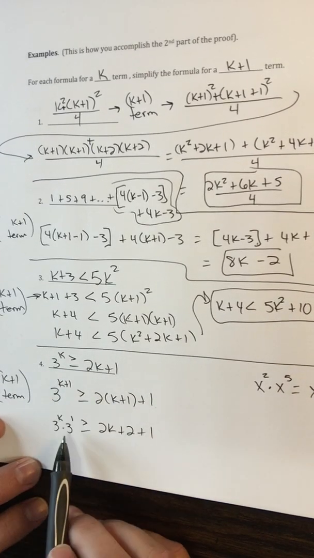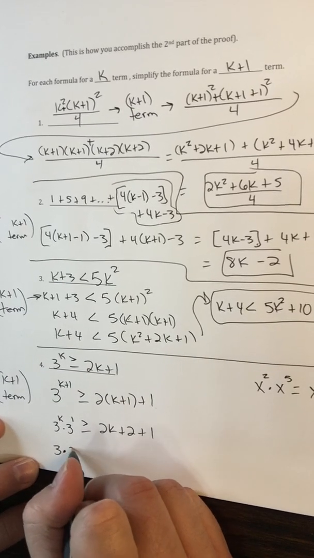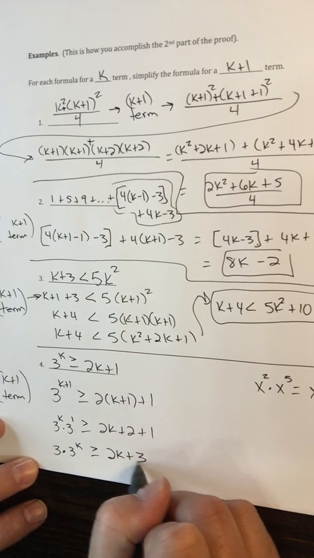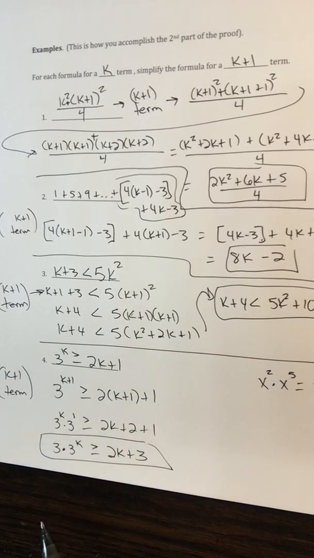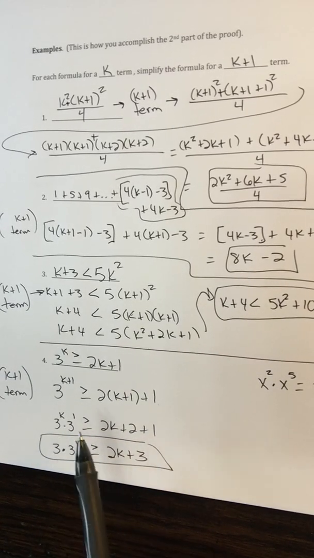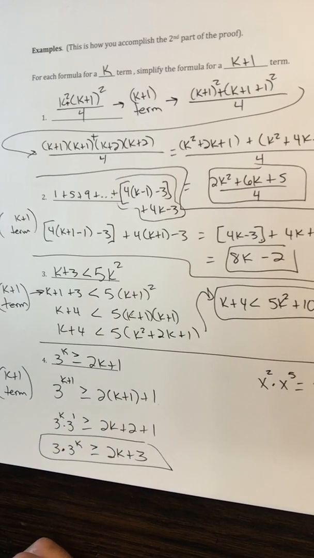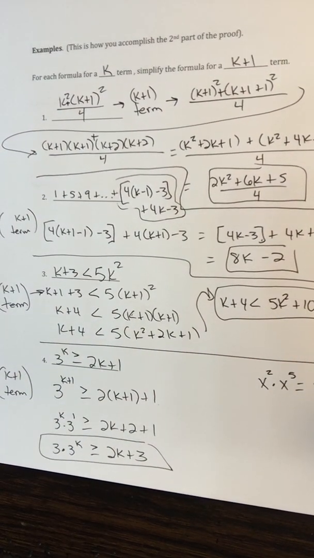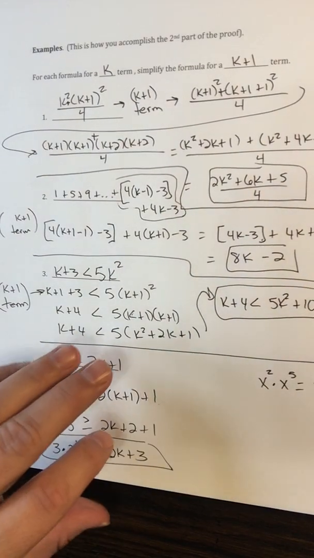I could write it either that way or this way. And so I'm going to write this as 3 times 3 to the k is greater than or equal to 2k plus 3. Now, I don't blame you if you're like, I don't know, Larson, that I would actually do this. When we get into this proof, if you run into exponents, you'll see a direction you're supposed to go, okay? Again, this whole page was just trying to get a skill in your head of substituting with a k plus 1 and simplifying. All right, so don't overthink this.